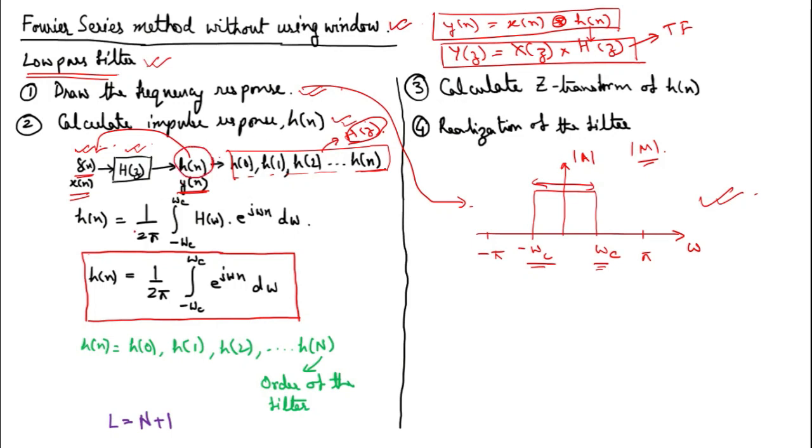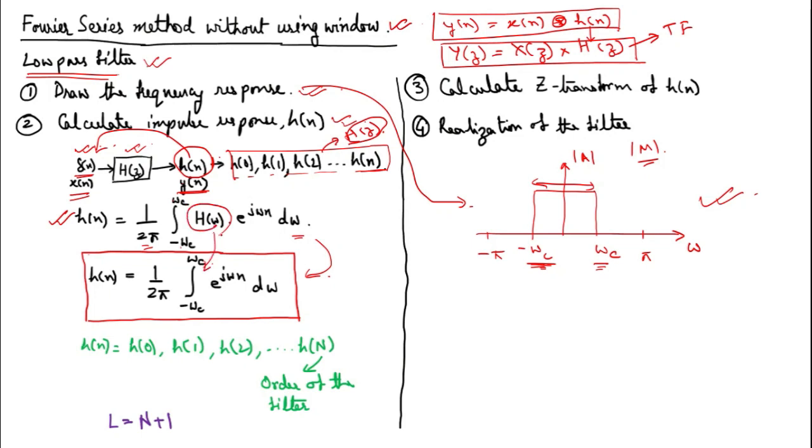Now these h[n] values can be easily found using this equation, where h[n] is equal to 1 by 2 pi integral from minus omega c to omega c, the passband limit, of H(omega) multiplied by e to the power j omega n d omega, and if you simplify it, it is something like that. So why is H(omega) missing from here?